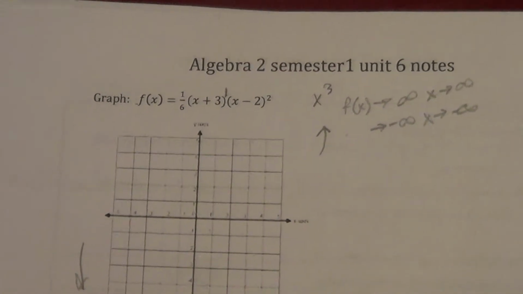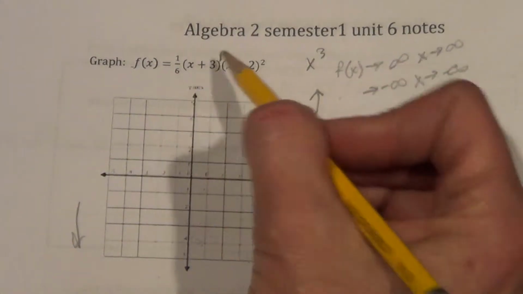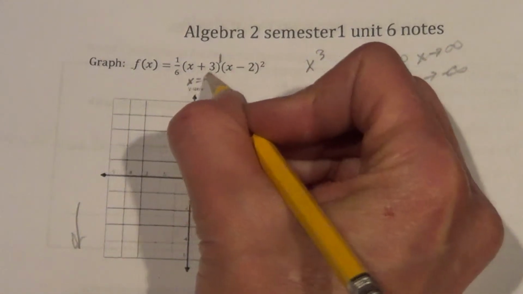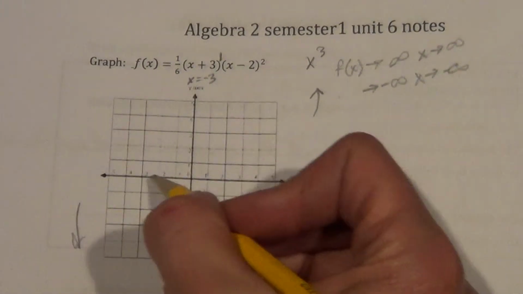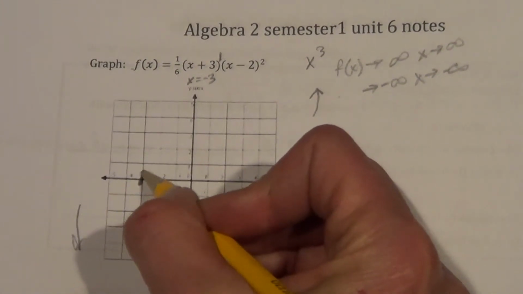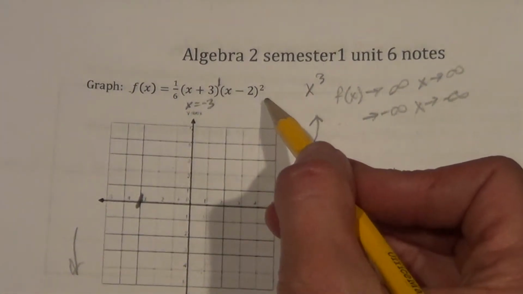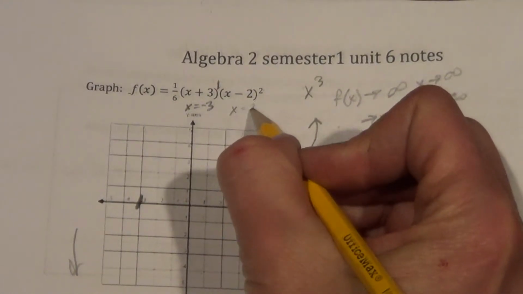Now we can look up here and look at the zeros. This one occurs once, so we know it actually crosses at x equals negative 3. Remember, you set it to 0. So it crosses right here. Now, x minus 2, when we set that to 0, would be x equals positive 2.